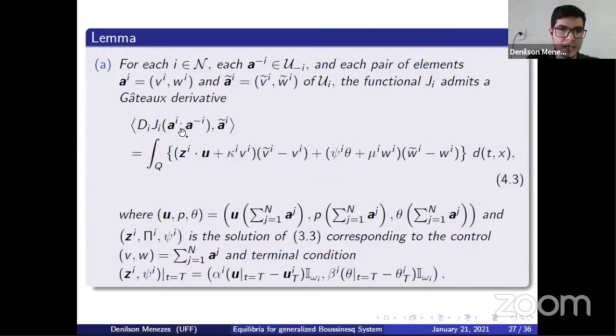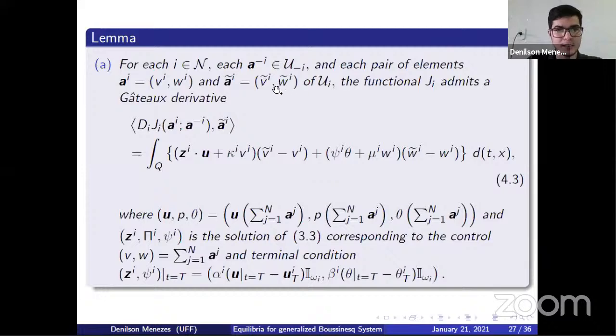As before, we can differentiate our functional, and the derivative is given by this expression, where here appears the state of our adjoint system. U, p, and theta is the solution of my system with these controls. Zi, pi i, psi i is the solution of our adjoint system with this control and these terminal conditions.